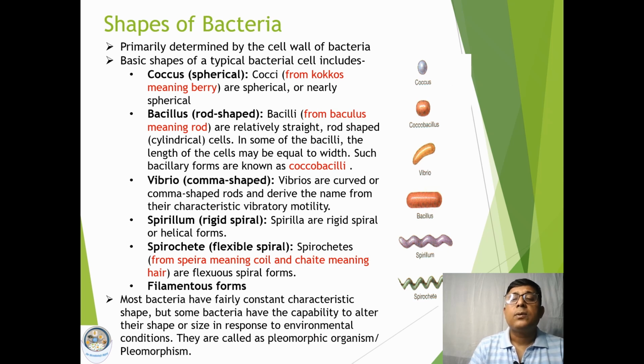In the diagram, the first one is the coccus, a spherical organism. Then the bacillus, which is rod-shaped, then the comma-shaped vibrio, then spirillum, which are rigid spirals, and the last one is the spirochetes, which are flexible spiral organisms.